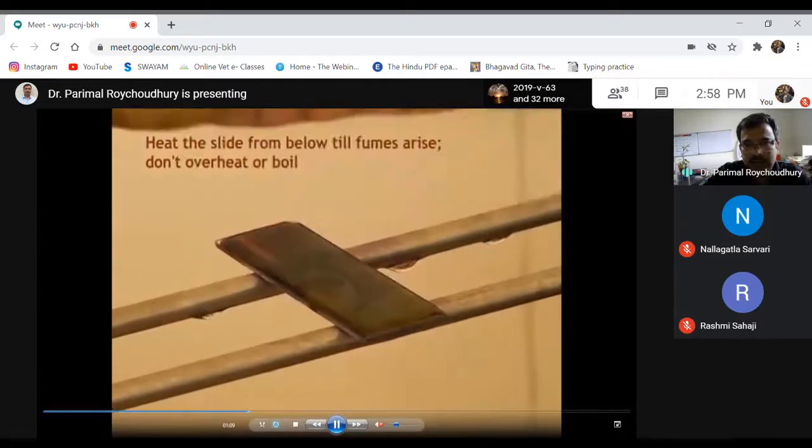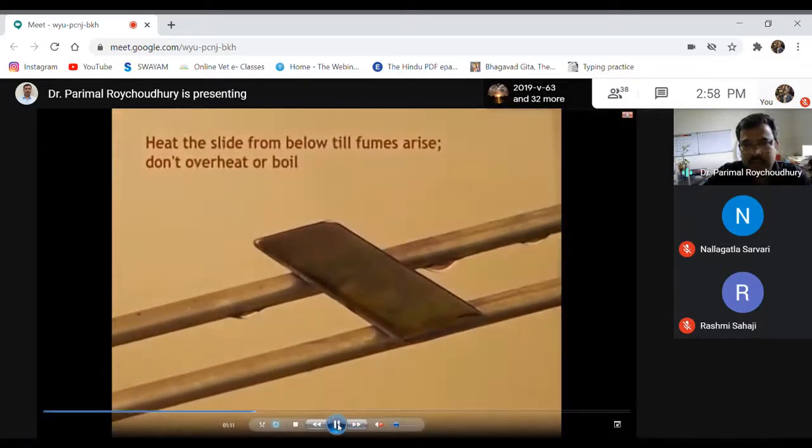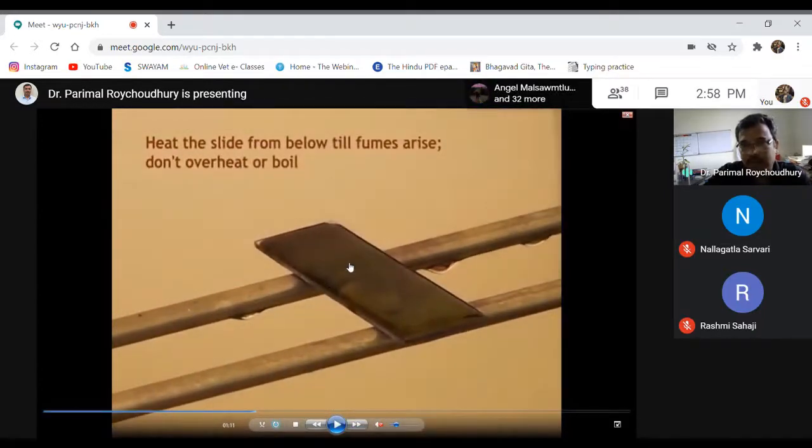The only thing you need to take care of is that this stain should not boil. No bubbling should be there when you apply heat. If it overheats or boils, then the smear may come off and you cannot see the bacteria properly. So you pass the spirit lamp 3-4 times, wait, and pass it again.